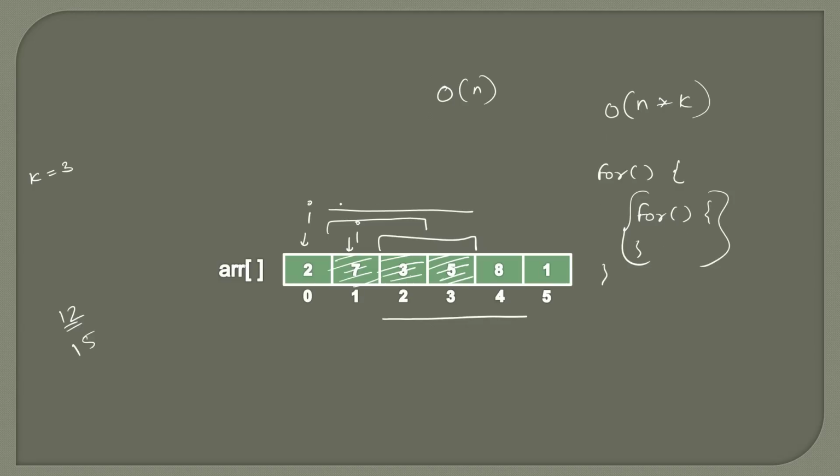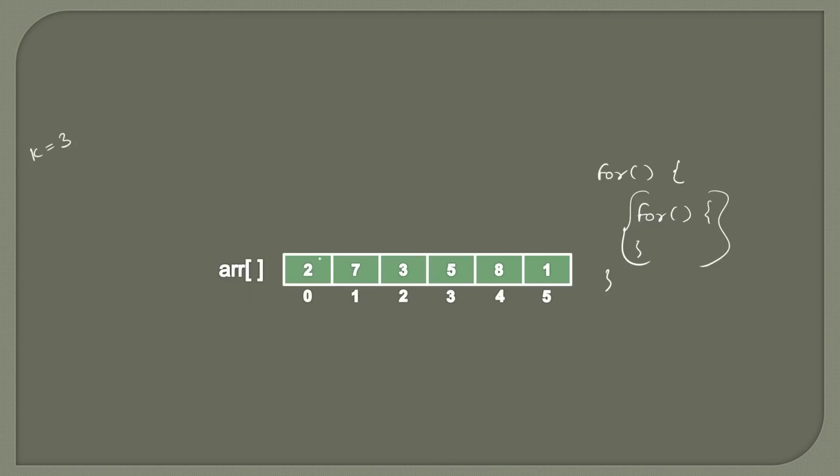Now how to solve this problem in a better time complexity is, here you can see what we do is, as we need to take the sub array and it should be of size k. So for the first window, we take the sum directly. We simply add 2, 7 and 3 and we get sum as 12.